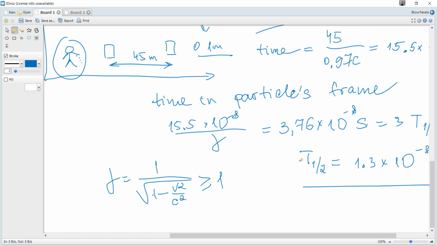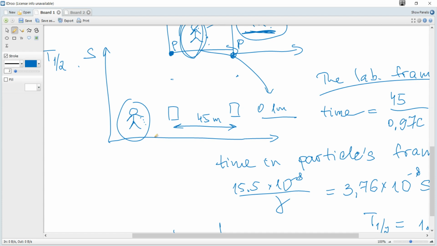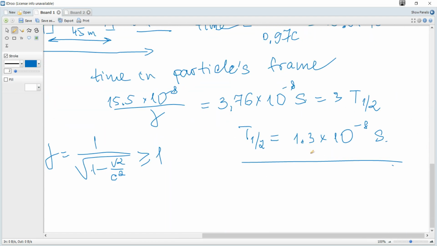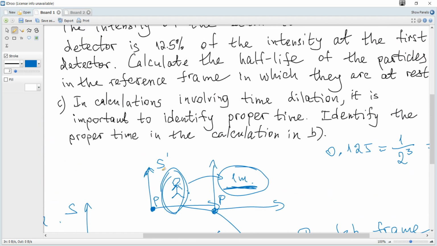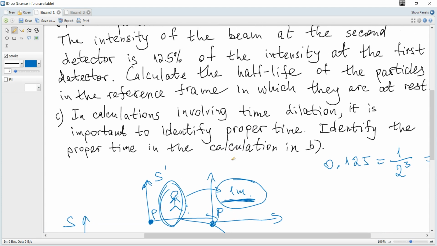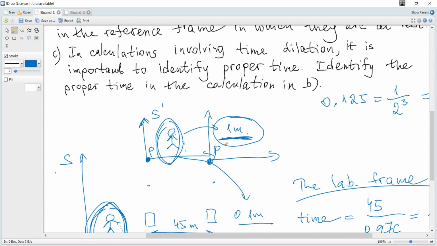And definitely this half-life with respect to the laboratory reference frame is a time that could be measured by the observer in the Earth frame. It will be dilated time. You should multiply by gamma if required, but we need it in the frame where the particle is stationary. And C, in calculations involving time dilation, it is important to identify the proper time in the calculation. In the end, it's actually the definition of proper time.